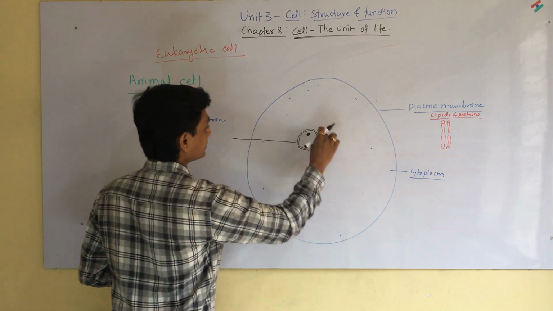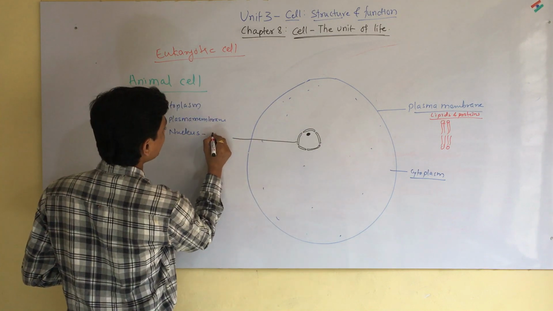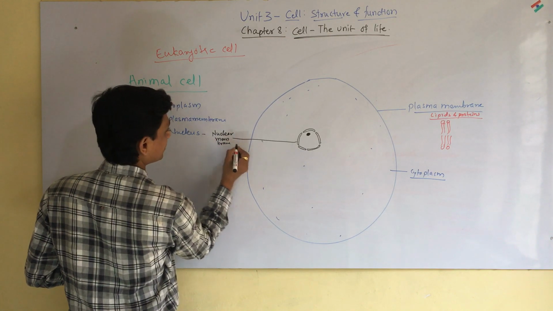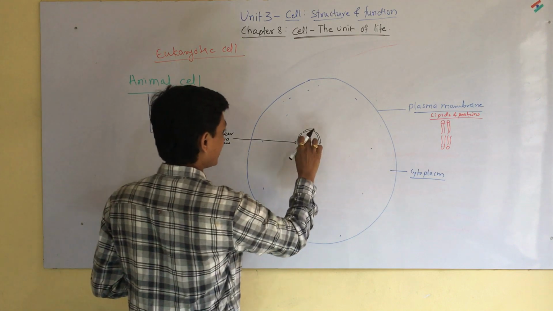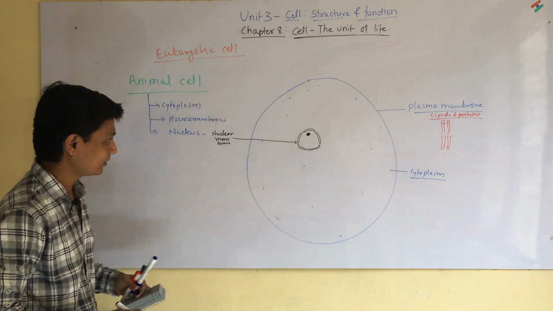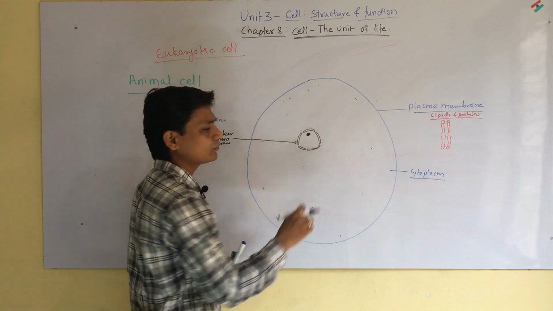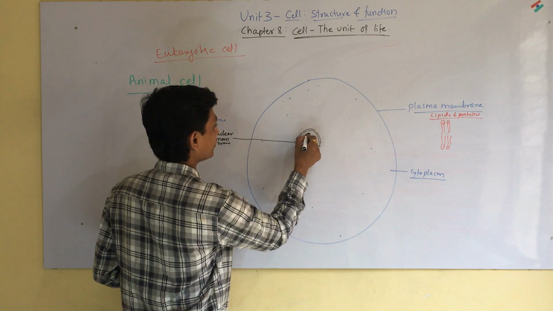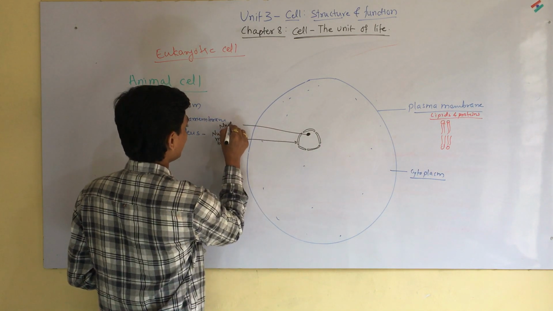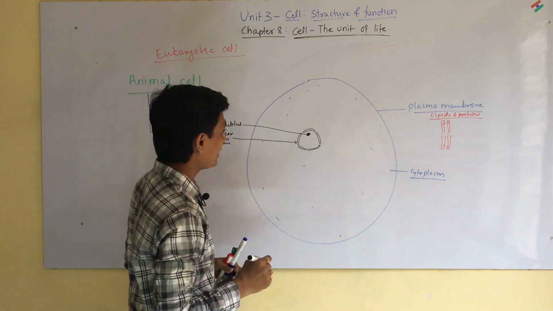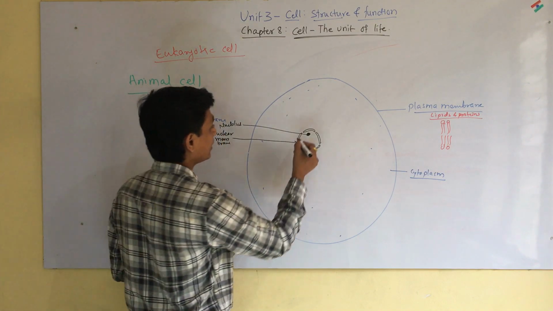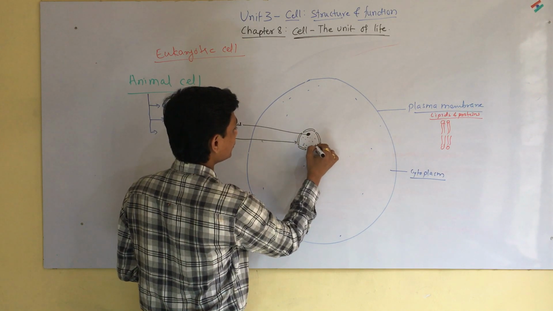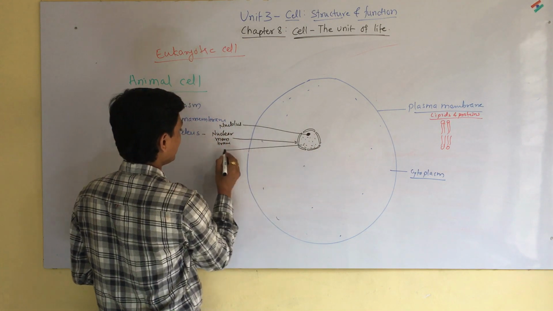And the nucleus has a double membrane, that is known as nuclear membrane. This part is the nuclear membrane. The dense part present at the center or near the periphery of the nucleus is known as nucleolus. And inside this nucleus, a fluid is present, and this fluid is known as nucleoplasm.